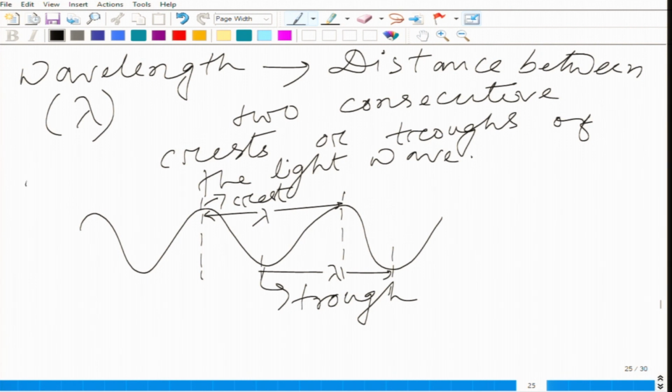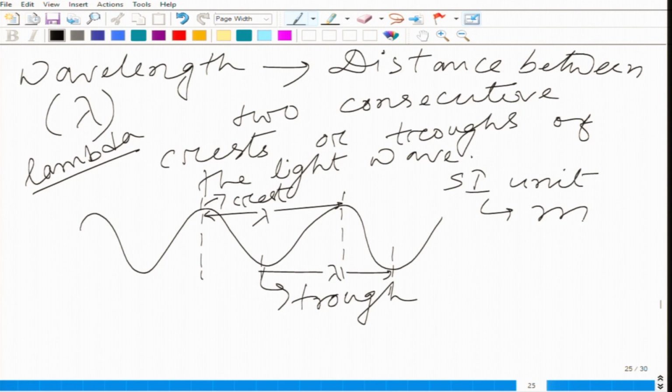Okay, this is the symbol lambda, and wavelength is basically length. So the SI unit of wavelength is meter. But since we are talking about the wavelength of light, and these are very small lengths, we don't really express them in meters.